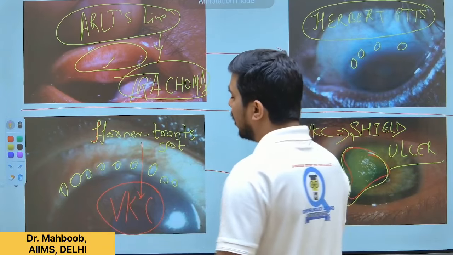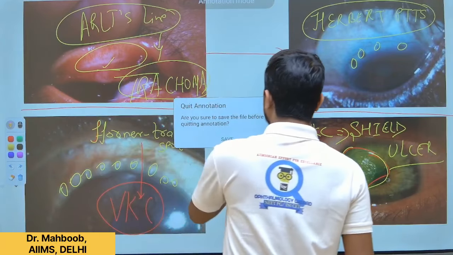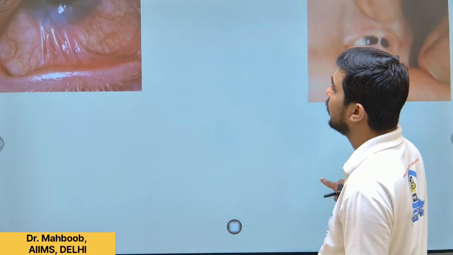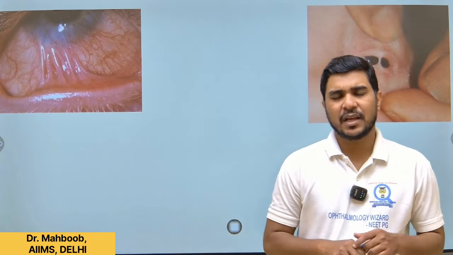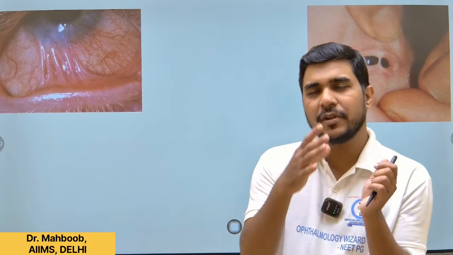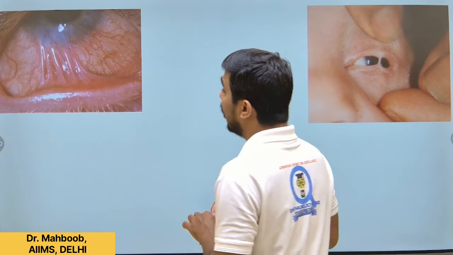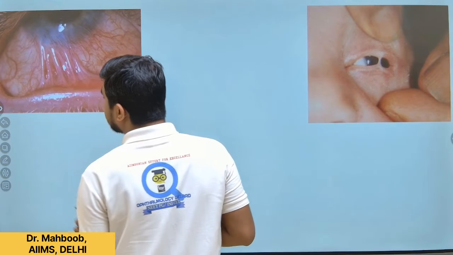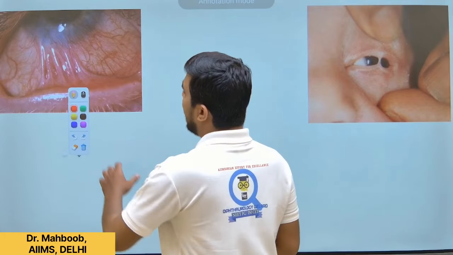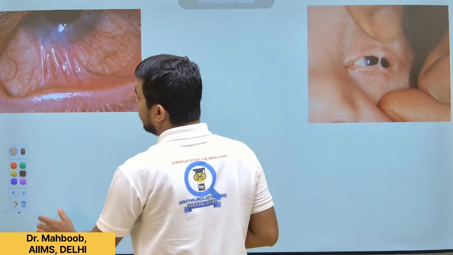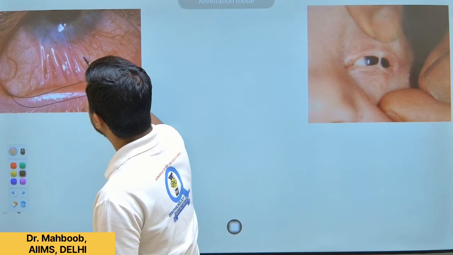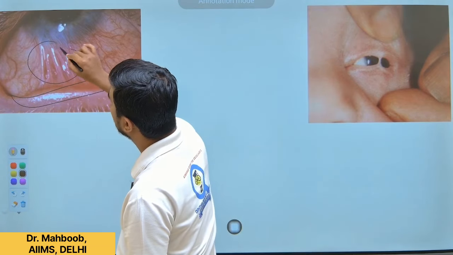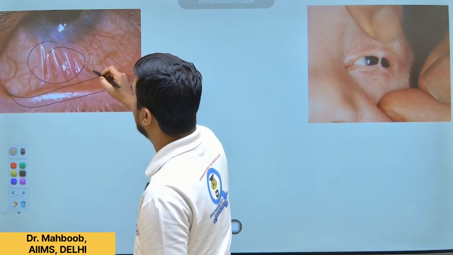Got it? Coming to this portion. Identify what is this. I'm not telling you to identify because they will give the options, but see what is happening here. This is the eyelid, and this eyelid is adherent to the conjunctiva.